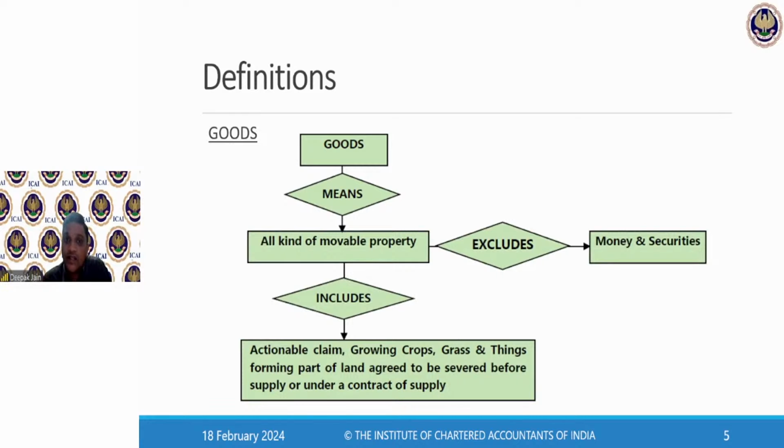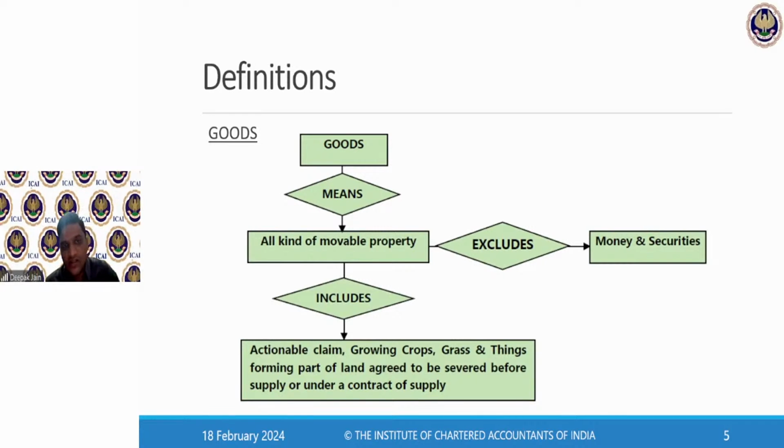It is only a ticket, but once your number strikes and the lucky winner is your ticket, then with that ticket you can go and claim your prize. So you have an actionable claim against the lottery company to get the money. So this is called an actionable claim, wherein you have a right to claim something from the other person.